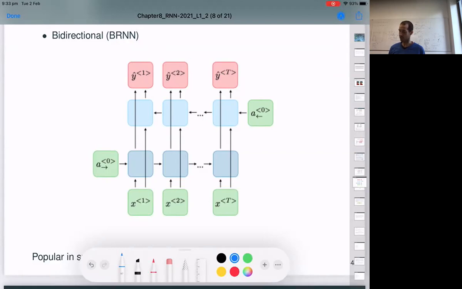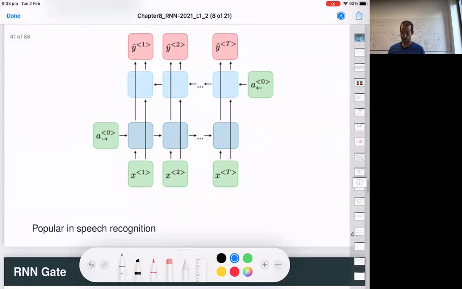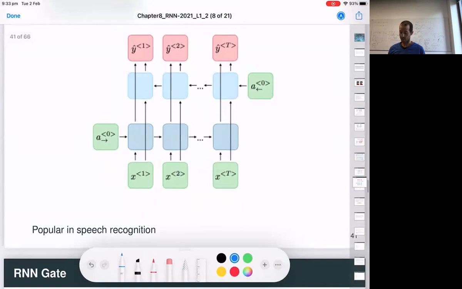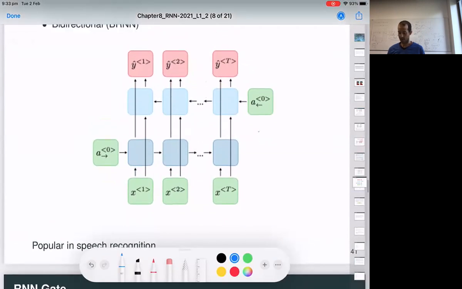Okay, so for this one, you get one direction and another direction. This is popular in speech recognition. For example, if I say "I am" and I need to find what comes next, that is my task. I can use a recurrent network.